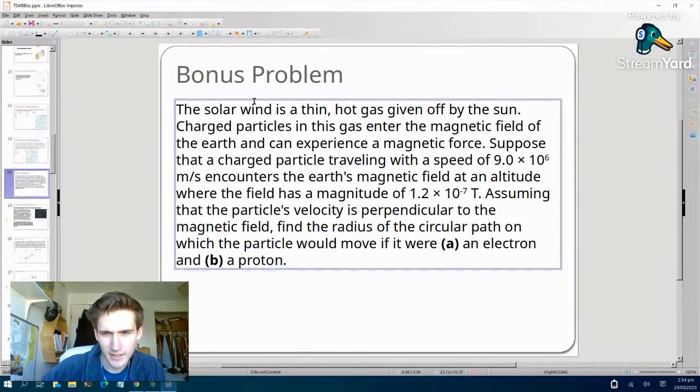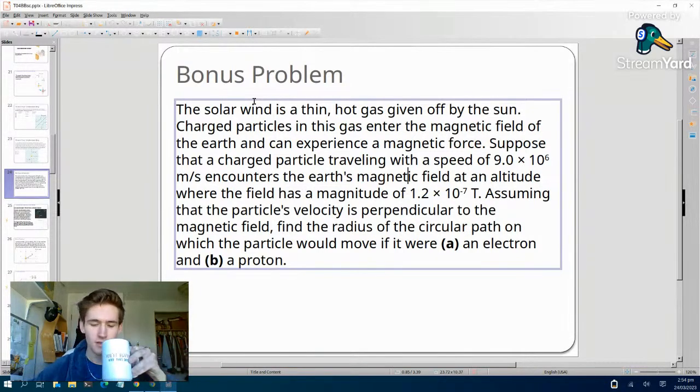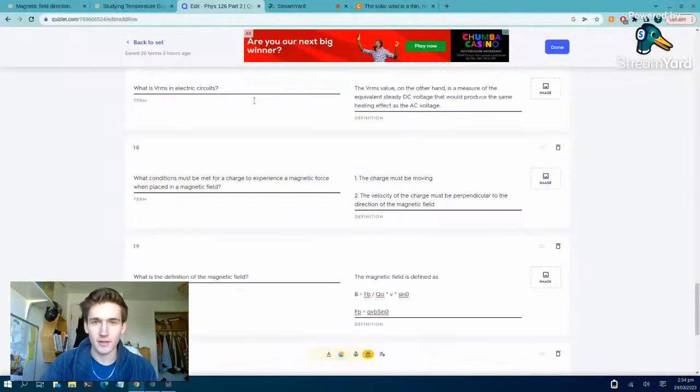So we need to know the radius of the circular path on which the particle would move if it were an electron. Okay, so how do we find that? I'm trying to think this through, and I literally don't know, so I'm going to look it up.